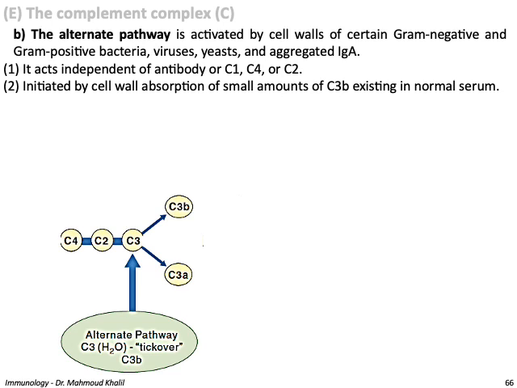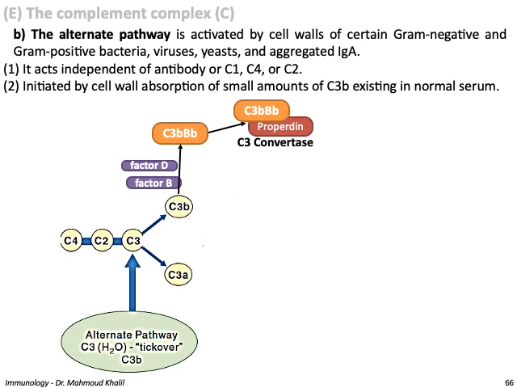Once C3 is cleaved into C3a and C3b, this C3b together with factor B and factor D forms C3bB. This binds with another protein, properdin, and together they form the C3 convertase, which adds to the system another C3b by cleaving C3.